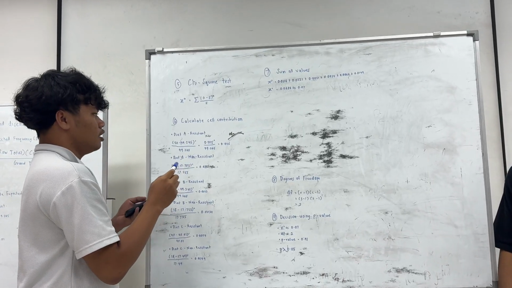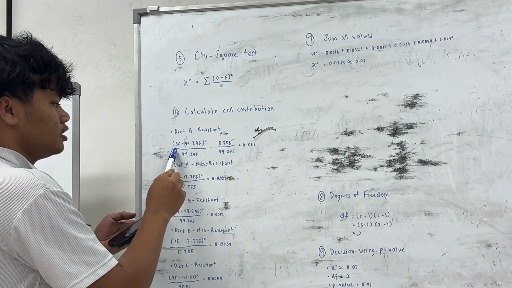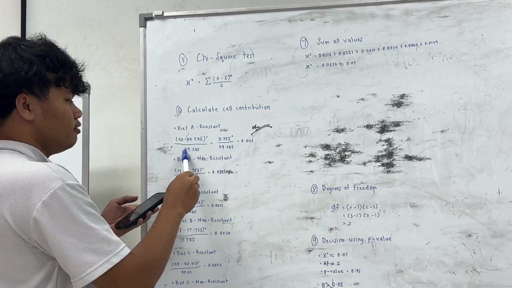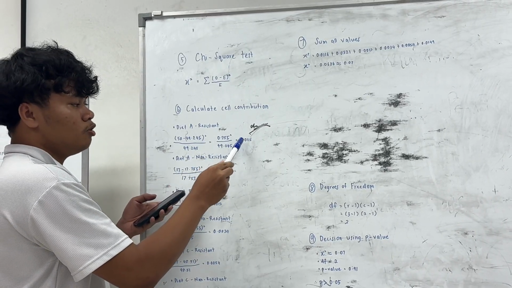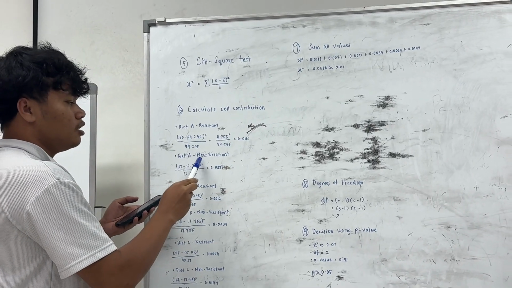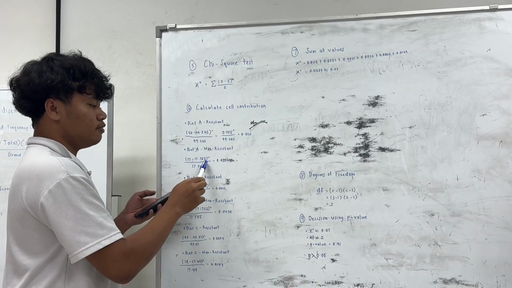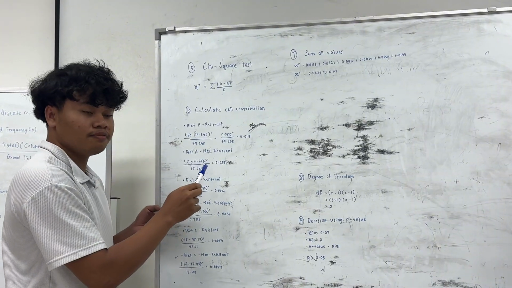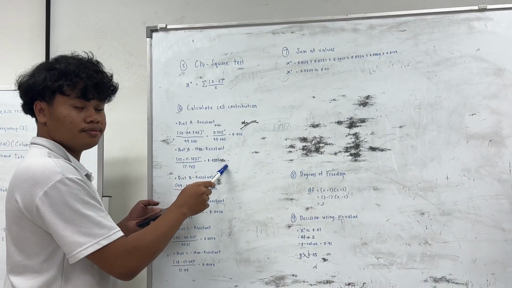Diet A resistant: 50 minus 49.245, squared, divided by 49.245, you get the answer 0.0116. For diet A non-resistant, 17 minus 17.755, squared, divided by 17.755, and you get 0.0321.